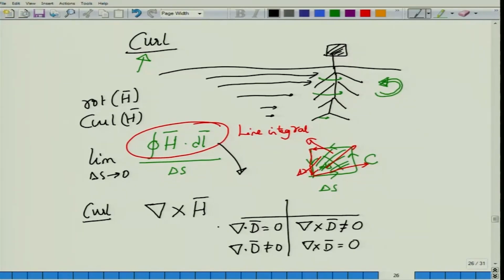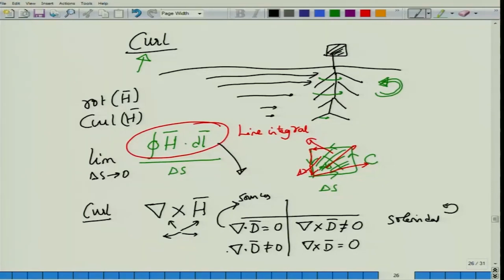The field in which the divergence is non-zero is representative of the charges, or the electric fields that are coming out, and denotes that there are sources of divergence out there. And if del dot D, the divergence, is equal to 0 and the curl is non-zero, then the field is called a solenoidal field, because there is a rotation only and no divergence.